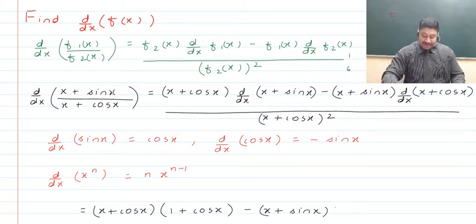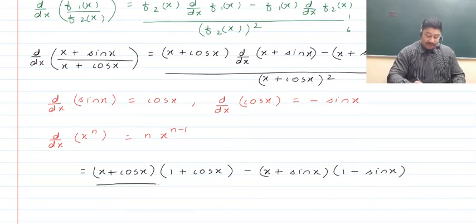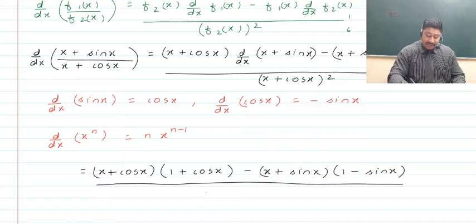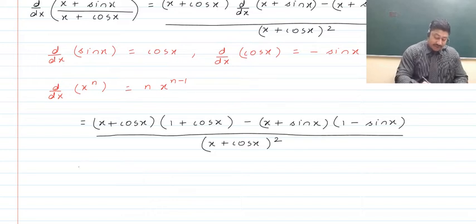And then further, we will multiply this with the derivative of x plus cos x. For x, it will be 1, and for cos x, it will be minus sine x. And now in the denominator, we have the square of the denominator, that is (x plus cos x) whole square. So for the children, this can then be written after multiplication because we require to simplify this.